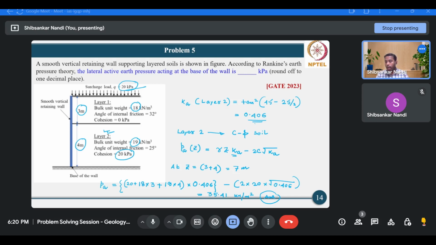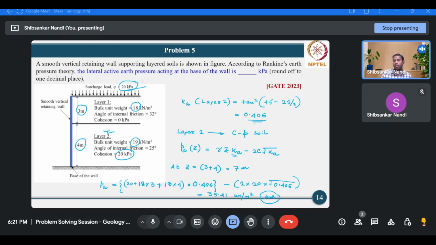However, if you have to establish the entire distribution for the whole height, then you have to proceed in a sequential manner by starting from the top surface of the backfill. So first you have to establish the distribution for layer 1, that is the top 3 meter backfill, and then followed by the below 4 meter backfill of layer 2. In that case you have to calculate the active earth pressure coefficients for both the layers.